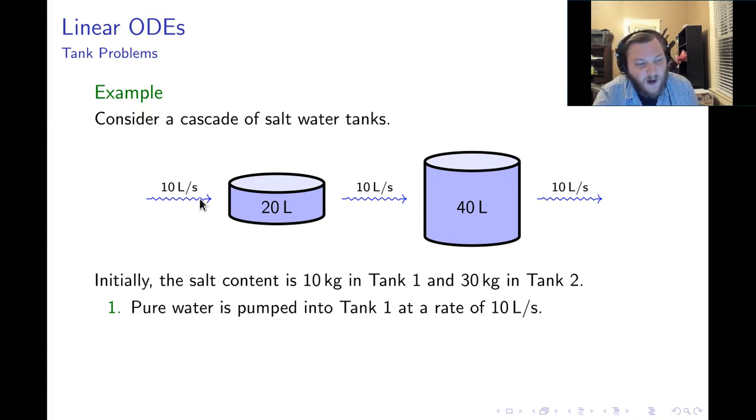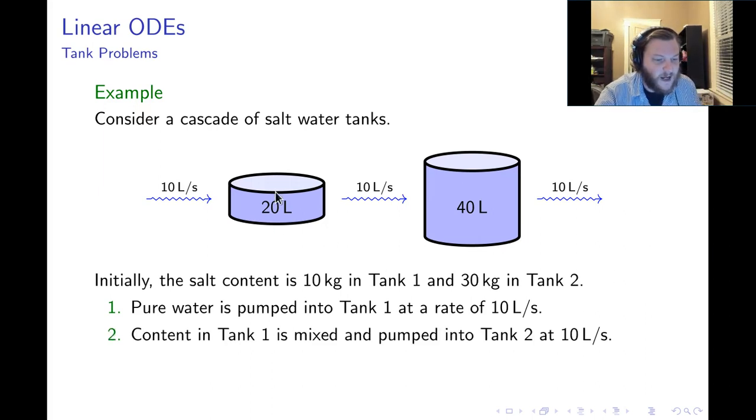Now remember that the content in the first tank is salt water, so there's pure water being pumped into a solution of salt water. The content in the first tank will be mixed, and then whatever that mixture is, it will be pumped out into the second tank at a rate of 10 liters per second.